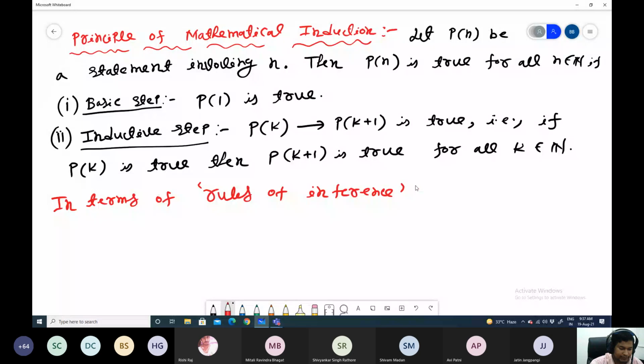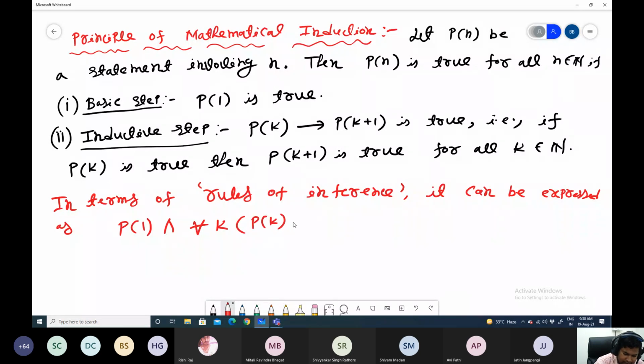So this can be expressed as: P1 is true, and for all k, Pk implies Pk plus 1, then these two imply for all n, Pn.